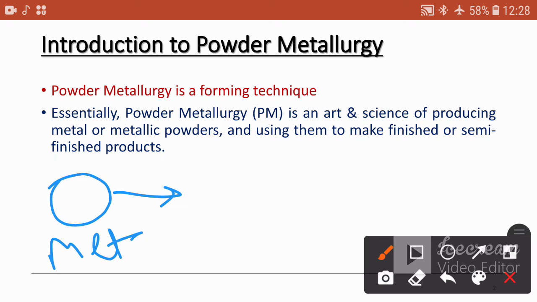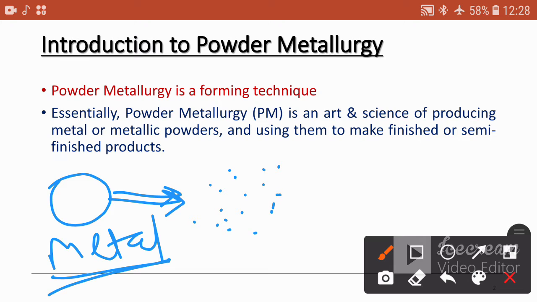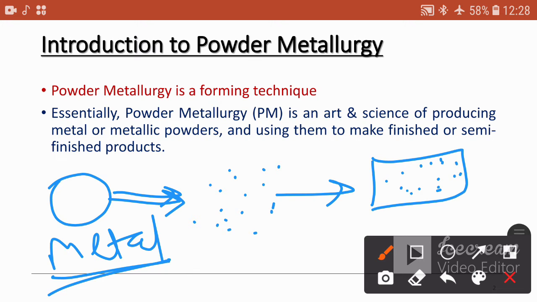For example, this is our metal or metallic object, and by some process we will create powder of this metal. Then we will deform these powder particles and make a finished or semi-finished product by using this powder.